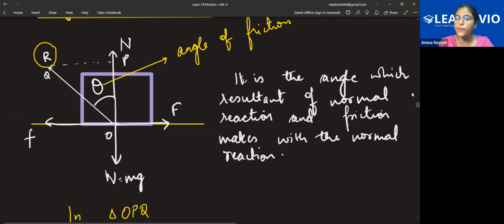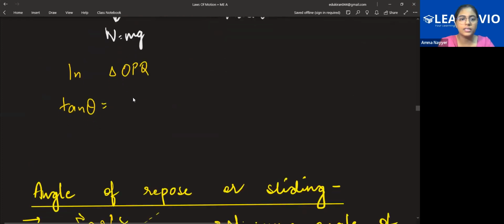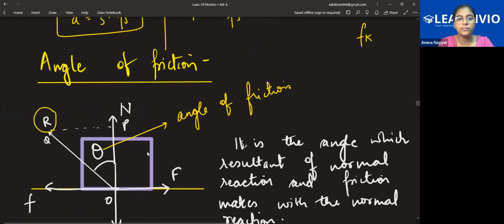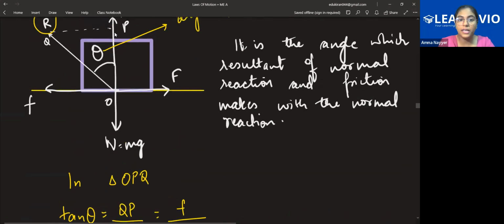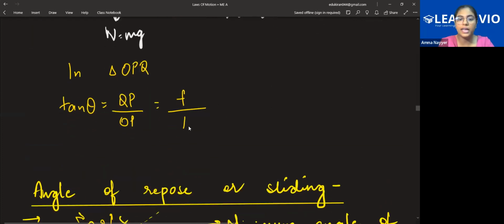What is QP? QP is parallel to the frictional force, so QP can be written as frictional force. And OP is the normal reaction. So F divided by N.